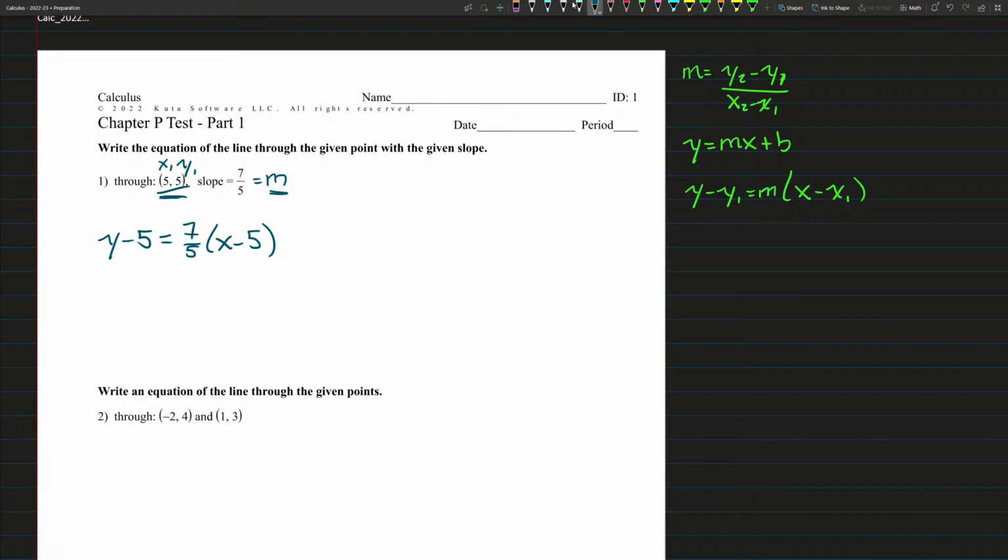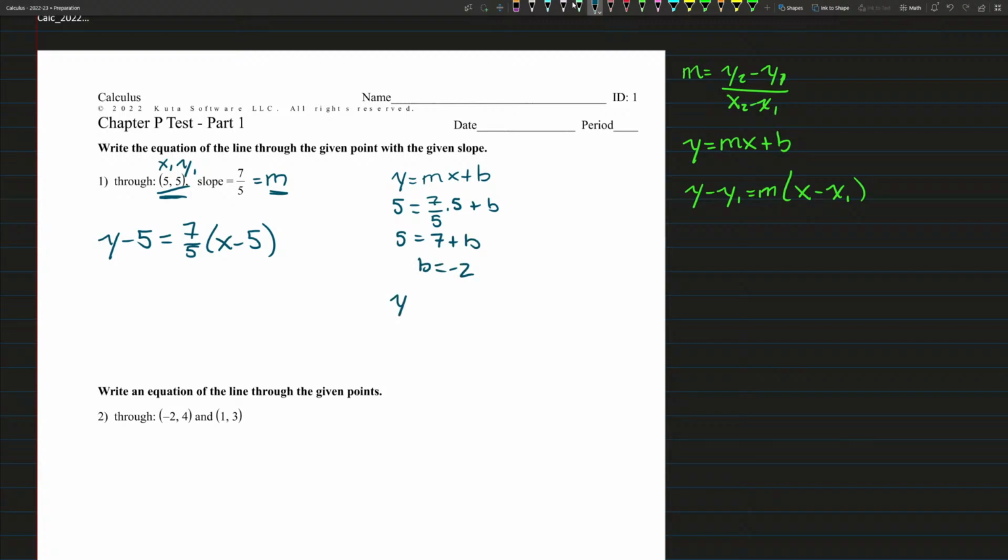If you did it using slope intercept form, starting with y equals mx plus b, we have an x and a y value, that's 5 and 5. So 5 should equal 7/5 times x, which is 5, plus b. So 5 is equal to 7 plus b, so b is equal to -2.